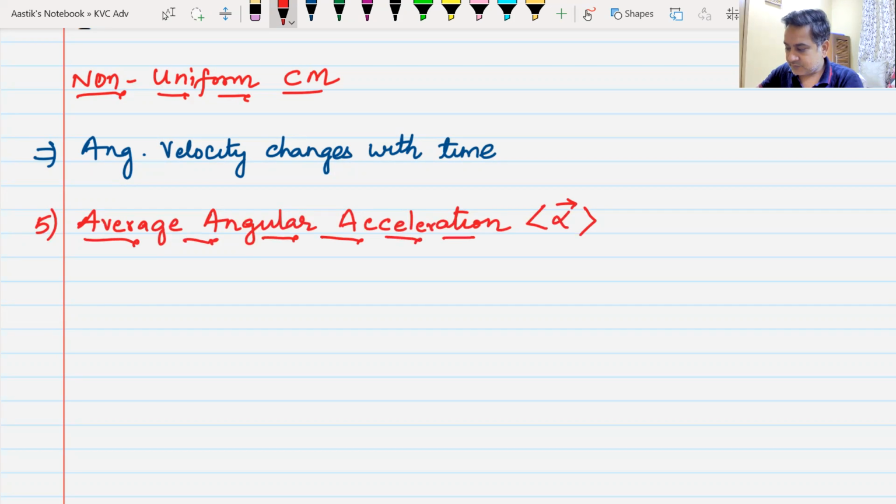What should this average angular acceleration remind you of? What is this term similar to? What we have already done before from that category. Linear acceleration. This is similar to the term average acceleration.